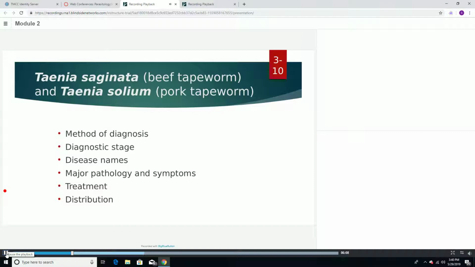If we eat raw or undercooked pork, then we could be infected with the pork tapeworm. So Taenia solium is the pork tapeworm. The diagnostic stage is we could see eggs in feces. We're also going to be looking at intact gravid proglottids, usually in pairs or short chains in the Taenia solium and usually singly in the Taenia saginata.